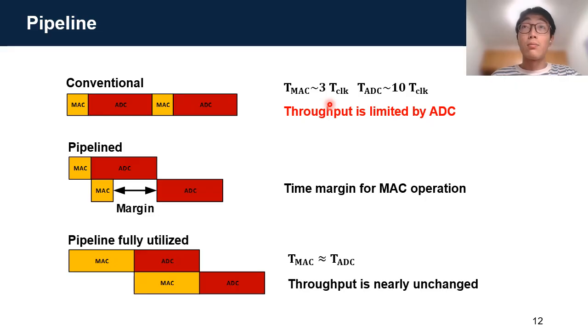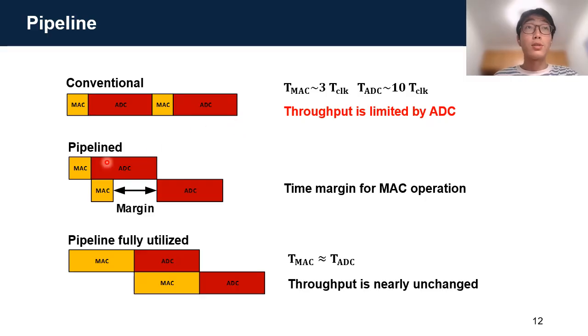Second, multiply. Third, accumulate. And for ADC, it depends on its bit precision. For an 8-bit ADC, it usually takes about 10 clock periods. Therefore, the throughput is actually limited by the ADC because the ADC takes a longer time.